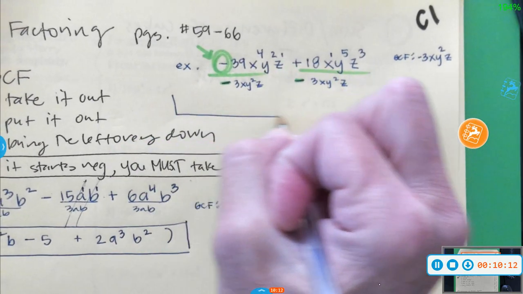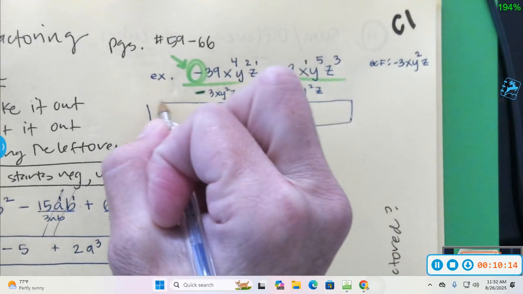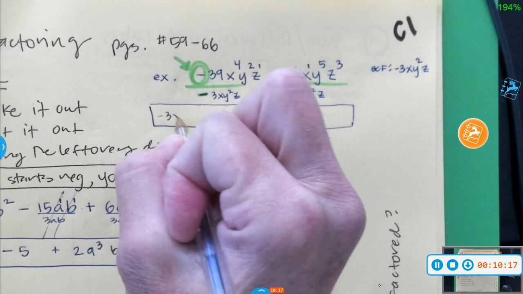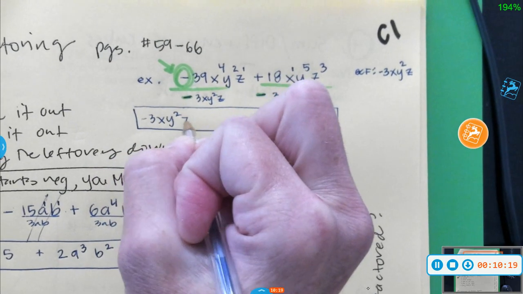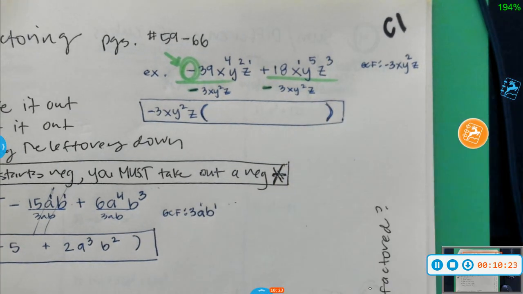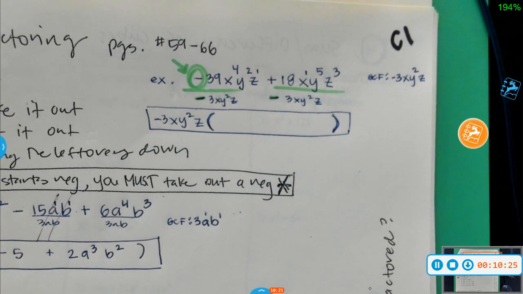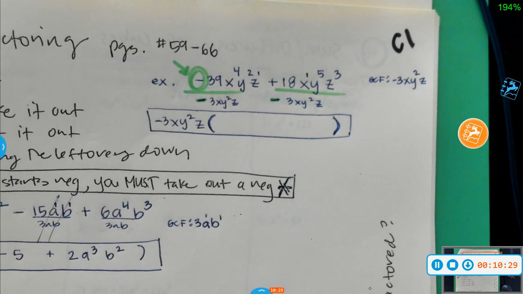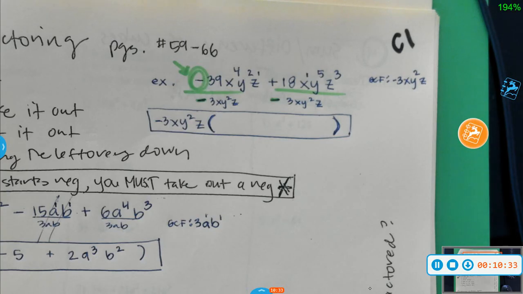So I'm already ready to write my box for my answer. But this negative 3 x y squared z has to be put outside of parentheses. That's what I mean by put it out. Put it outside of parentheses. It does not vanish. Now, later today, we will find something that does vanish, and you just completely obliterate it, but not here. The GCF goes out in front.